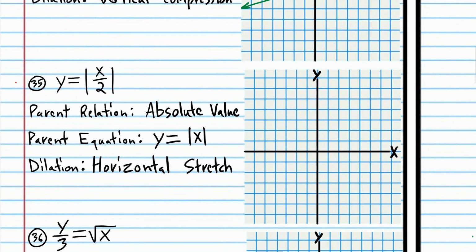So if we draw the parent graph, which we've done already twice, it looks like that. Now we're dividing x, so that means we're going to take all the x values on this graph and we're going to multiply them by 2. Not divide by 2, we're going to multiply them by 2.